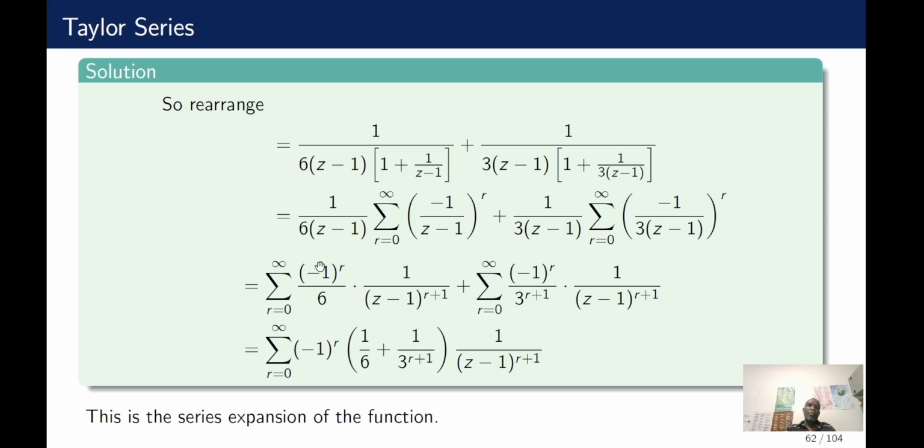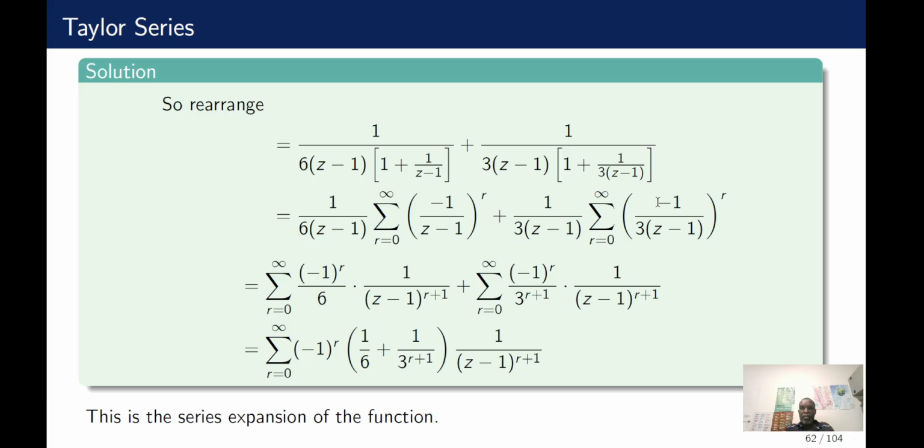For the first one, I'm just taking the coefficient which does not have z. So it is going to be this, and 1 over. There will be an extra 1 z minus 1. That's why you have that plus there. It's the same thing here. Take the z minus 1 inside to introduce an extra z minus 1.